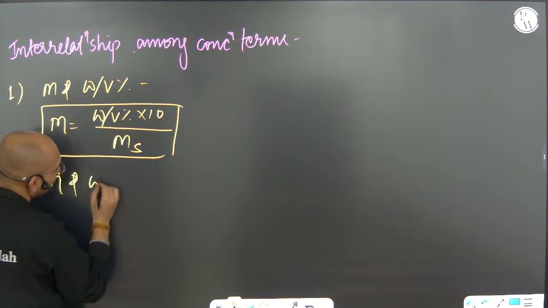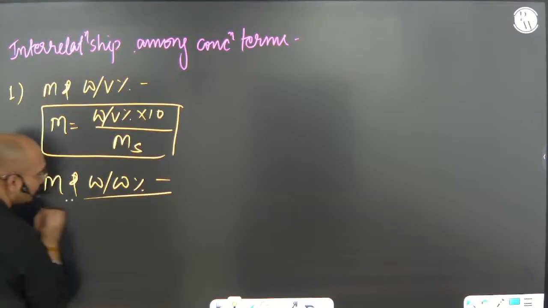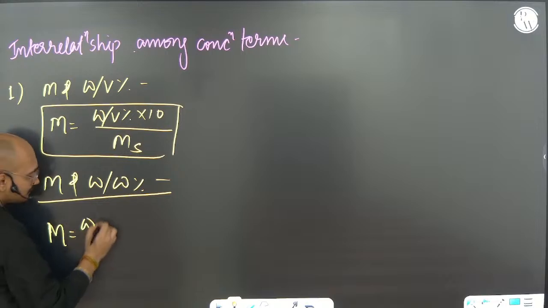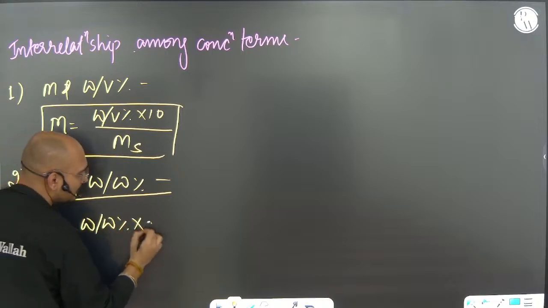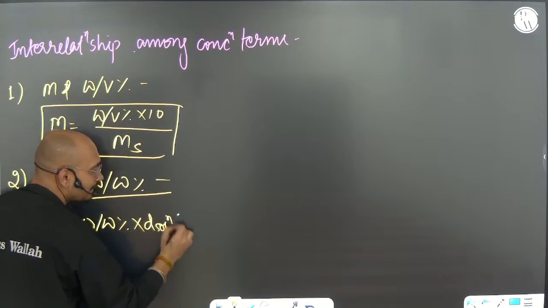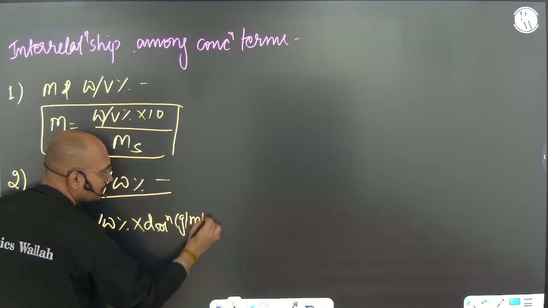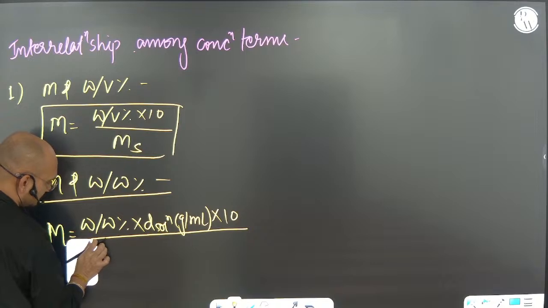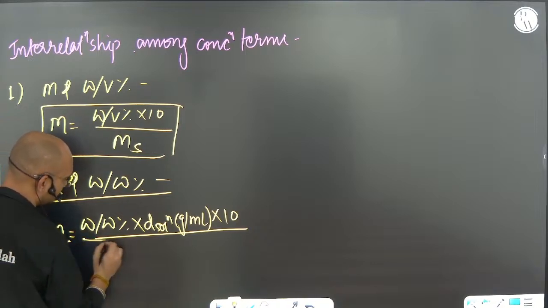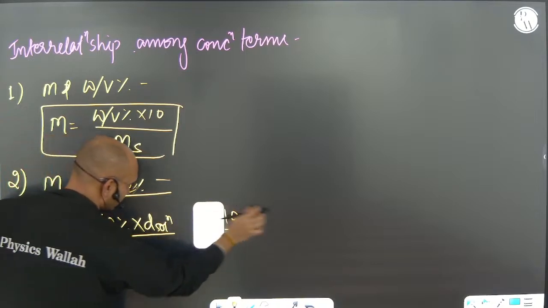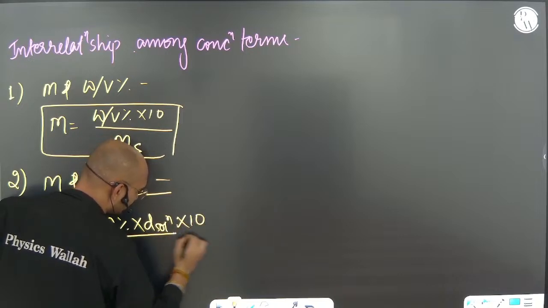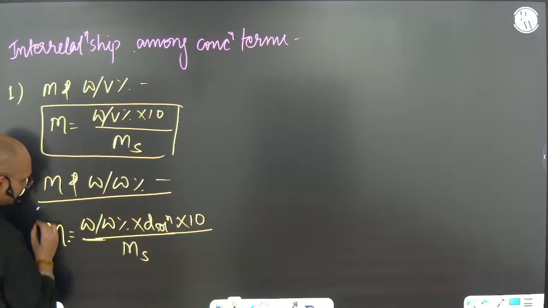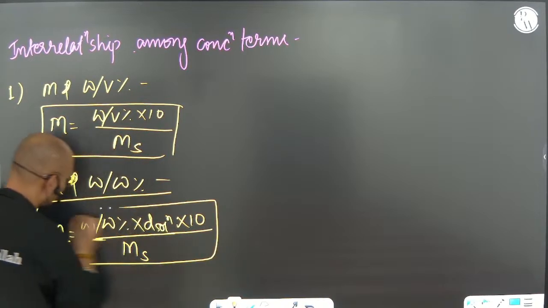Molarity and mass by mass percent. For this, molarity equals mass by mass percentage into density of solution in gram per milliliter, multiplied by 10, divided by molar mass of the solute.